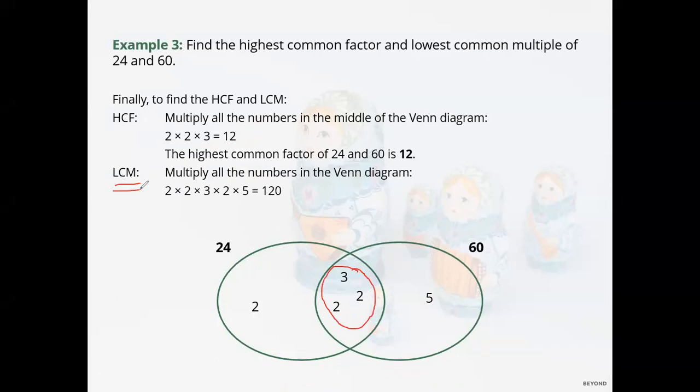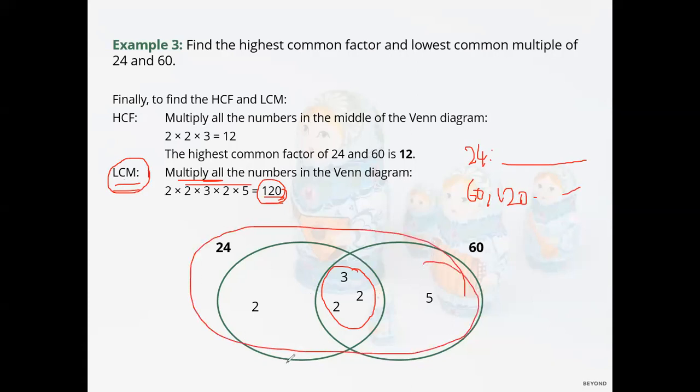And your lowest common multiple, in other words, if you made the times table of 24 going up, up, up, and the times table of 60, 120, and so on, you will find that at 120, that would be the lowest common multiple. And how do I get that 120? You multiply all these factors and you will get the lowest common multiple. Do you see how the Venn diagram helps now?